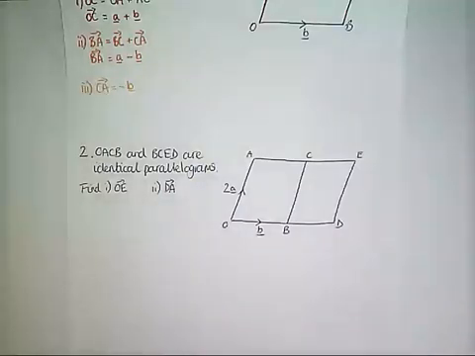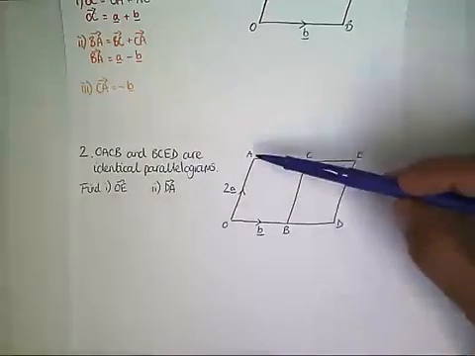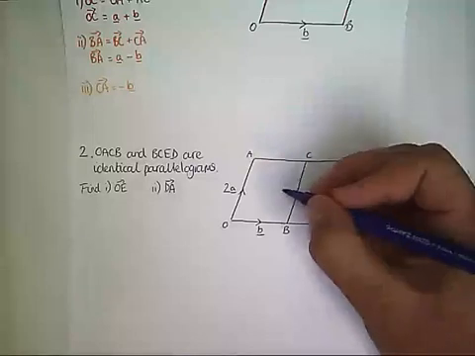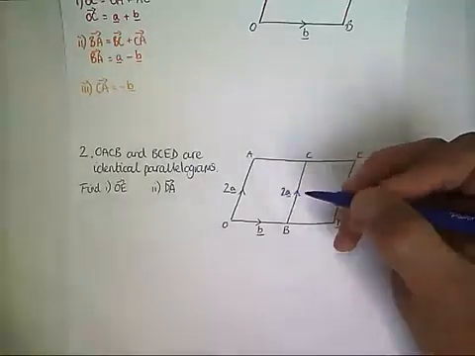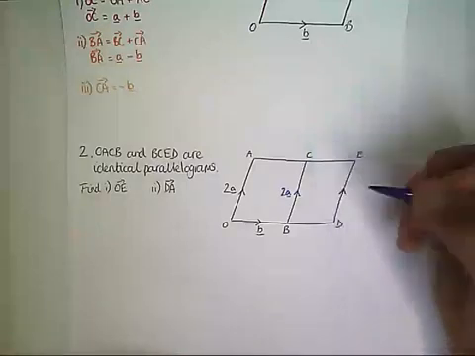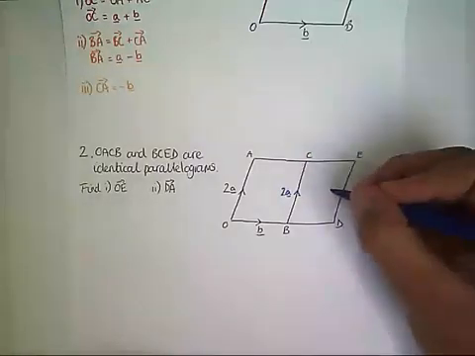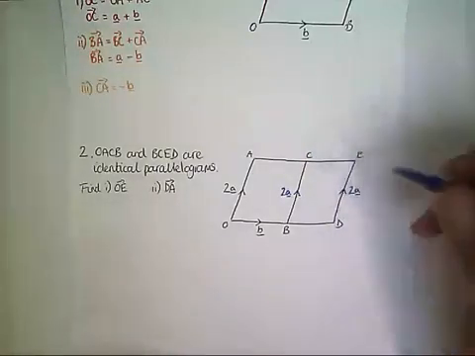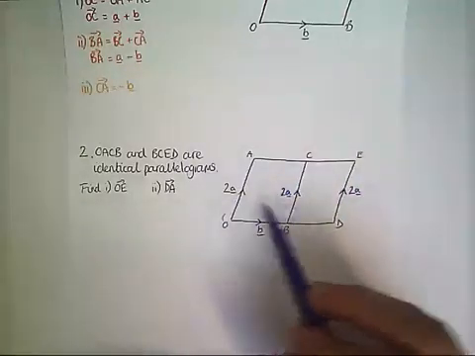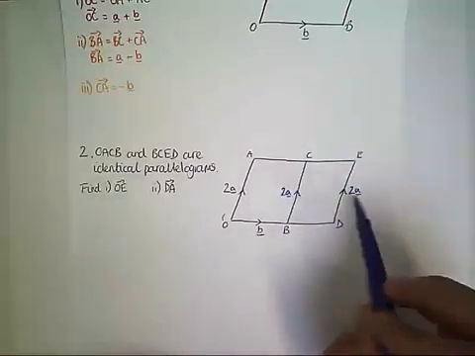So first of all, let's mark on our vectors that we know. Okay, so we know that O to A is 2A. So any line that's the same length and parallel to OA, so BC will also be 2A, and DE will also be 2A. Okay, because this is a parallelogram, those two sides must be equal.